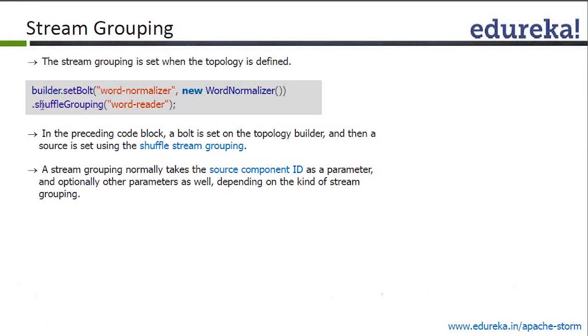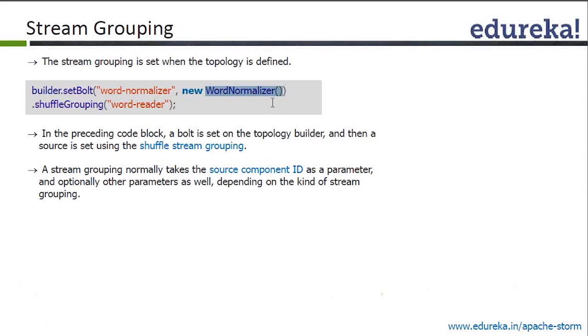The first example you are seeing right now is about shuffle grouping. In the preceding code block, the bolt is set on the topology builder, and then the source is set using the shuffle stream grouping. What does it really mean? It says builder dot set bolt, and the bolt name is word normalizer.